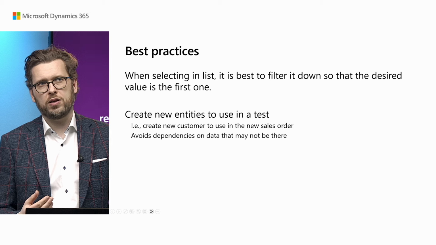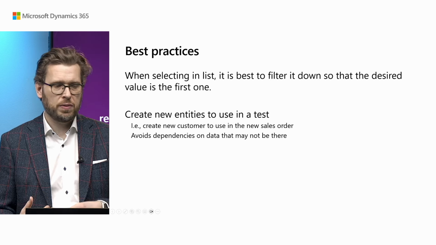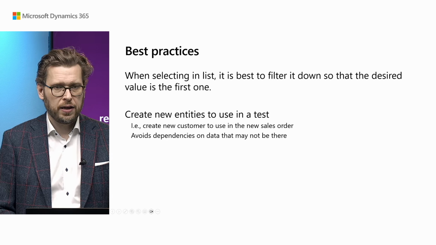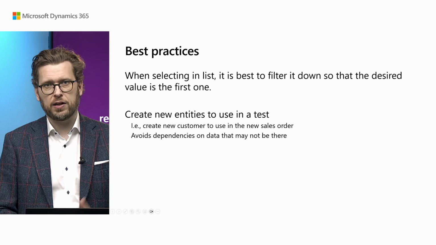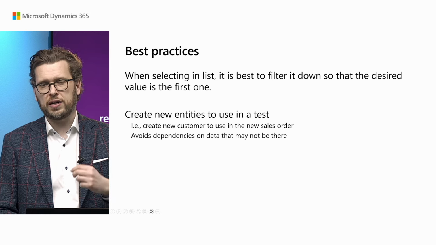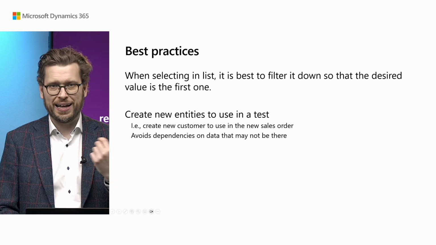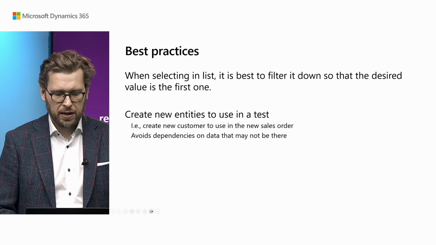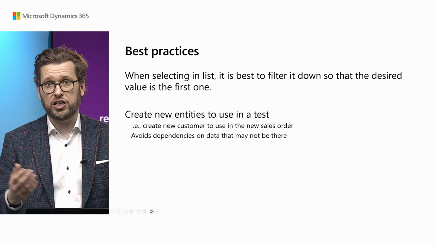Also, when you are relying on entities, maybe you need to use a customer in a script for a sales order. If you want to be in control, it can be a good idea to create a separate script for creating that customer, so that you're not relying on the fact of that being there in an environment where the data changes.